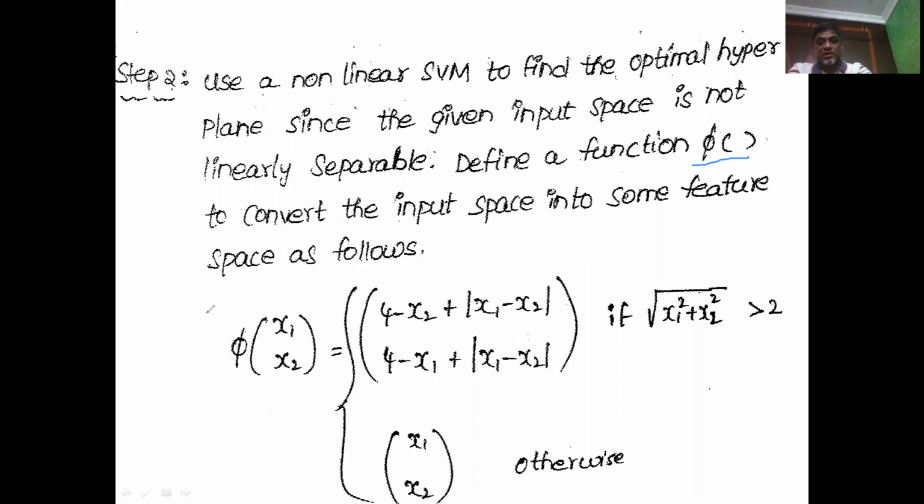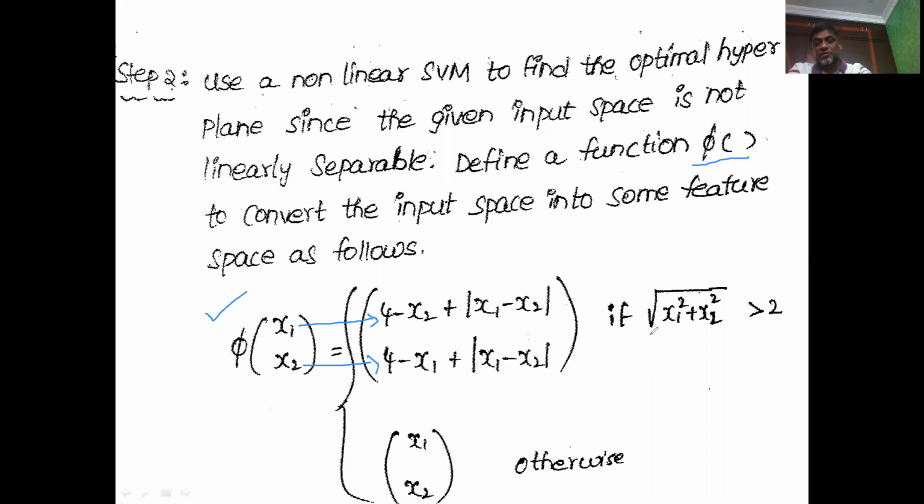So for our example, I picked this phi of x1 x2 is equal to 4 minus x2 plus mod x1 minus x2. Similarly, x1 is changed like this, and x2 will be changed using this formula: 4 minus x1 plus mod x1 minus x2.